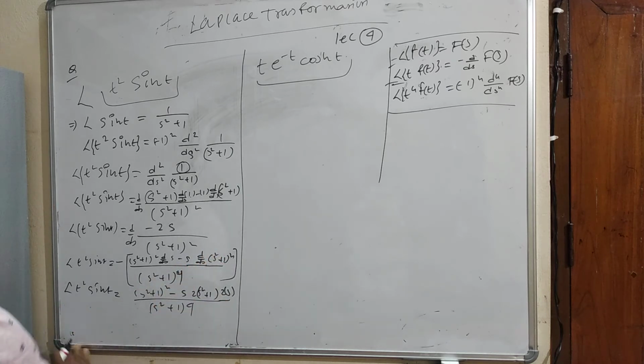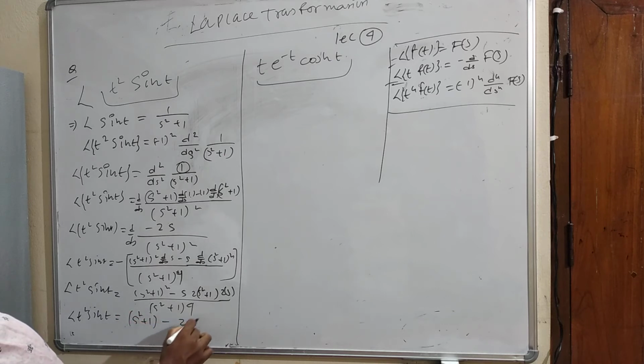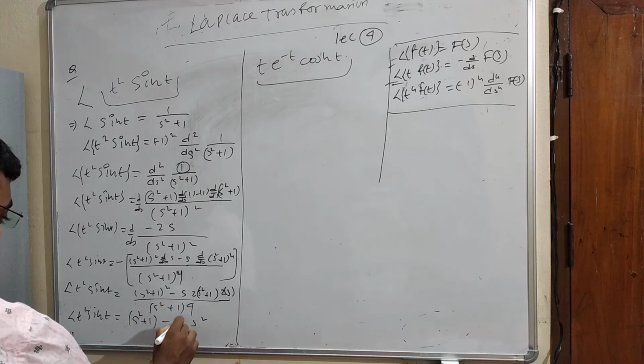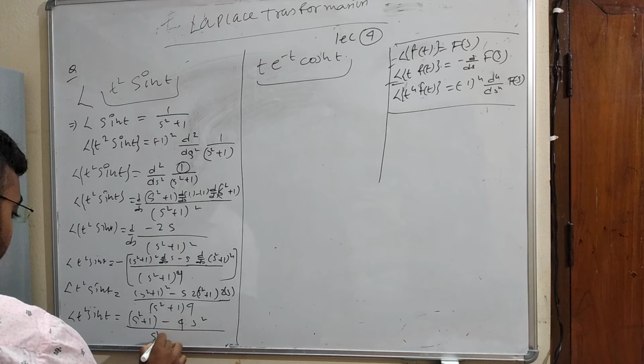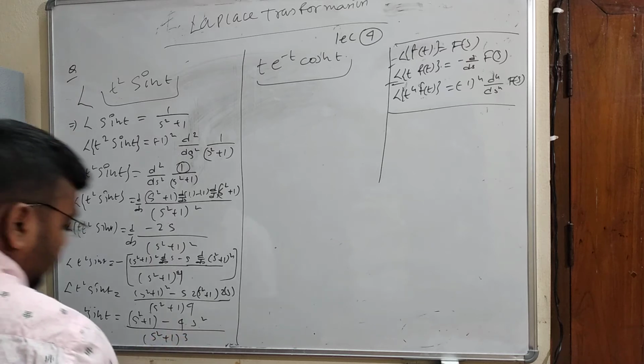Then Laplace of t square sin t will be, if you take common s square plus 1 from here, it will be s square plus 1 minus 2s square, isn't it? 4s square, divided by s square plus 1 to the power 3.